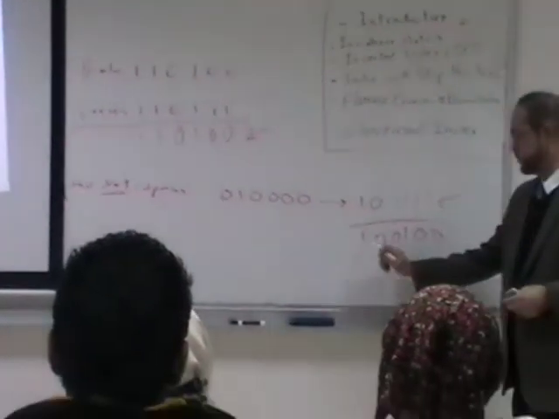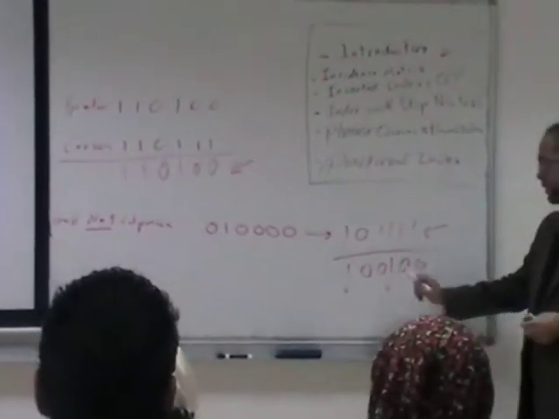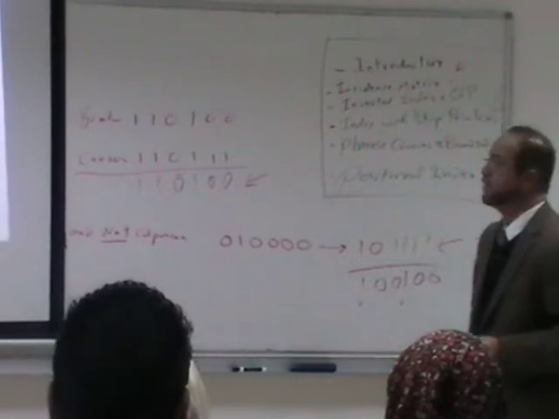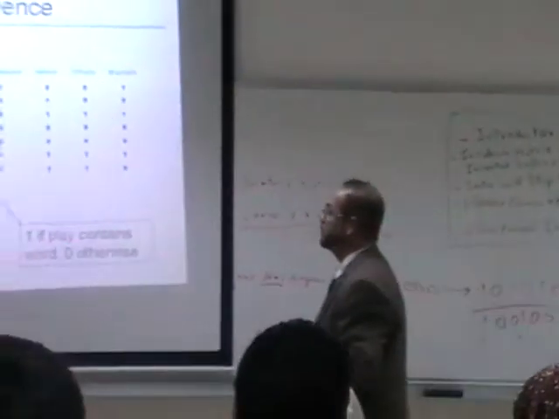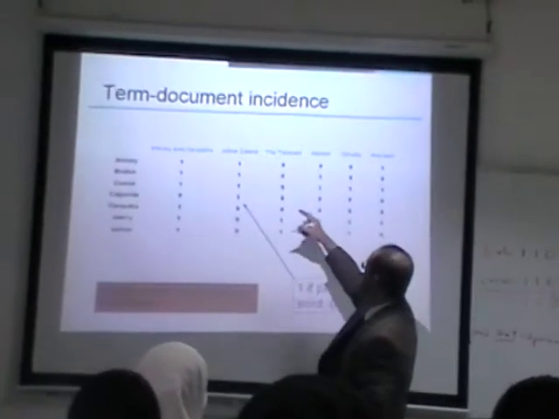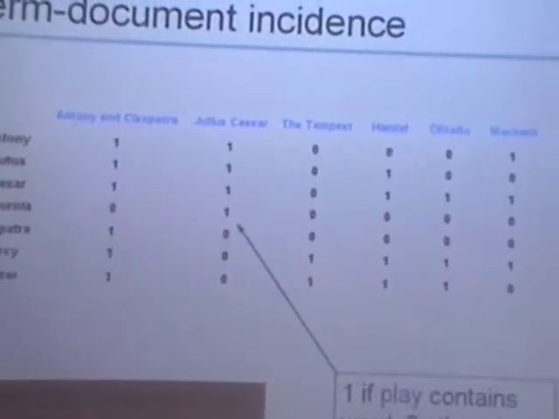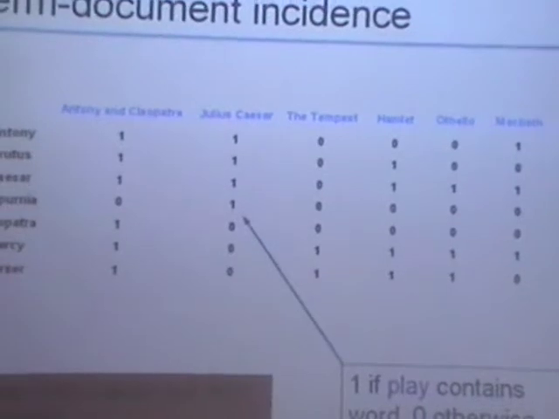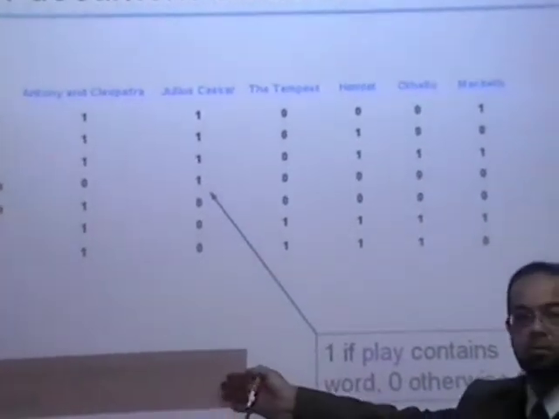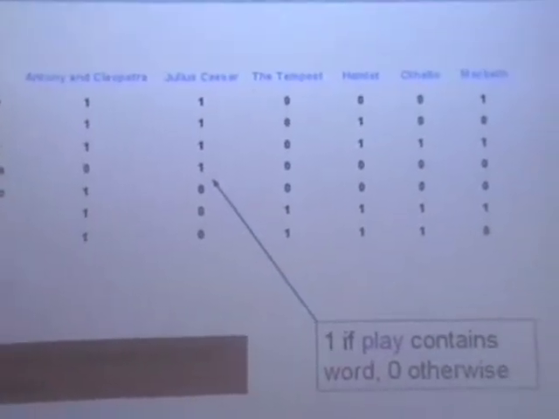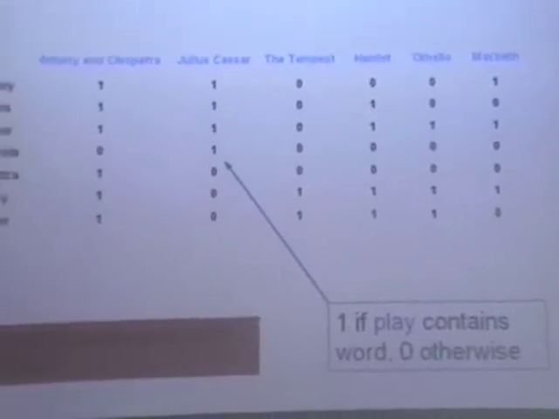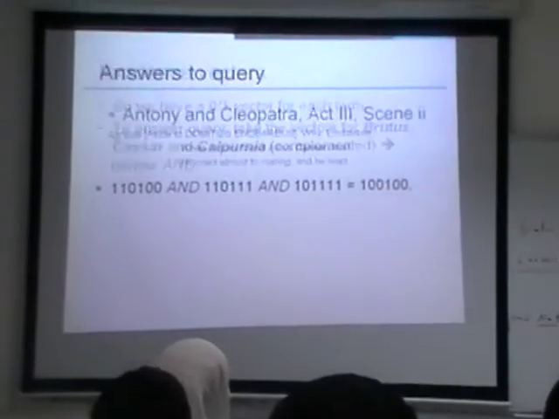So we have the first document and the fourth document. The first document, Antony and Cleopatra, and the fourth, which is Hamlet, are basically the answer to this user's query. So this is how the incidence matrix works.